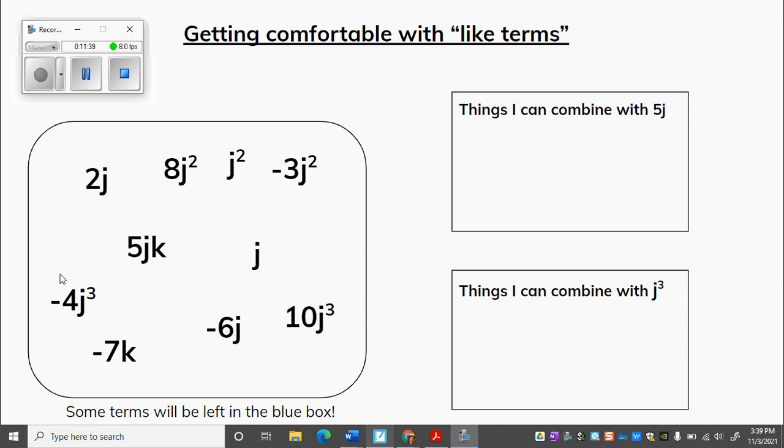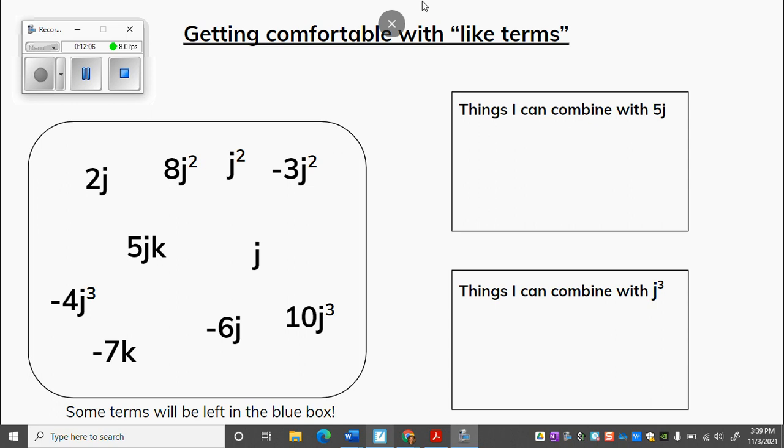Now let's come over in here and find any other thing that would just be a number of jalapenos. So the 2J, for example, you could say I've got 5 J's plus 2 J's, that's 7 J's. I could add another J and have 8 J's. And then we could even take away these 6 J's. And so anything that just has a J is going to be a term that can get combined with 5J.